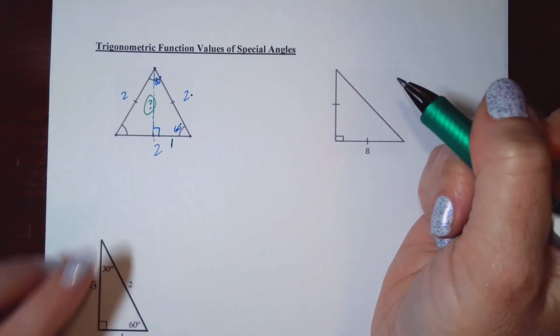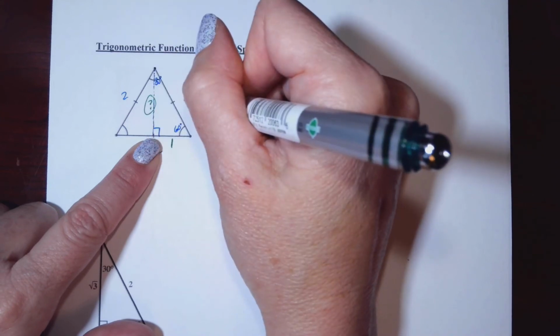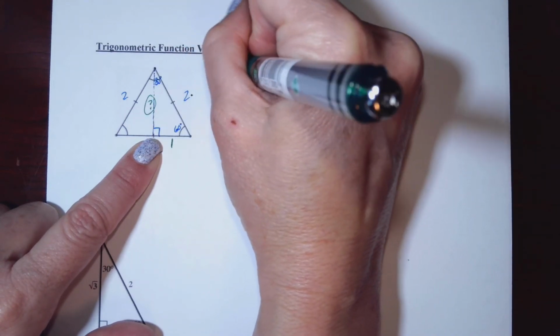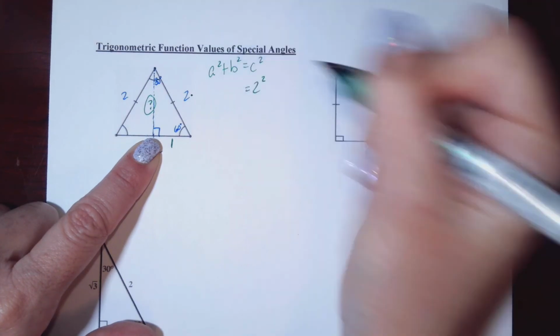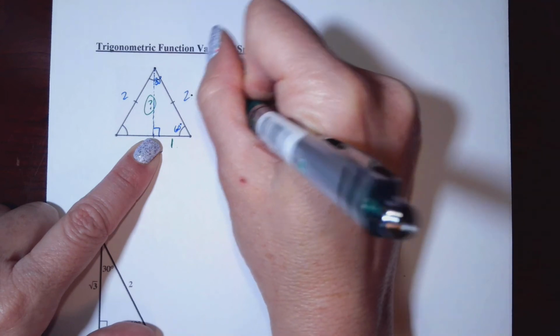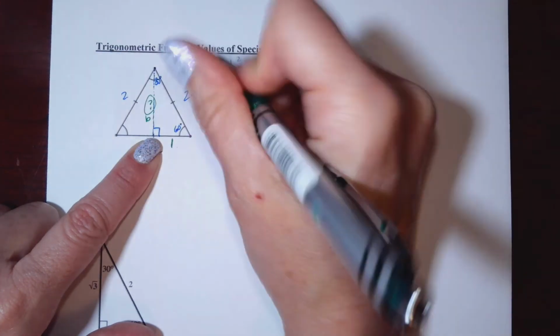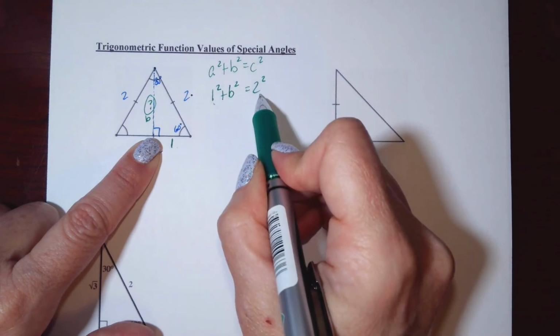So let's figure it out. 2 is the length of my hypotenuse. So if I've got a squared plus b squared equals c squared, this 2 goes here. So that's 2 squared. Let's make a as 1, so 1 squared, and this is side b, b squared. 1 squared is 1. 2 squared is 4.